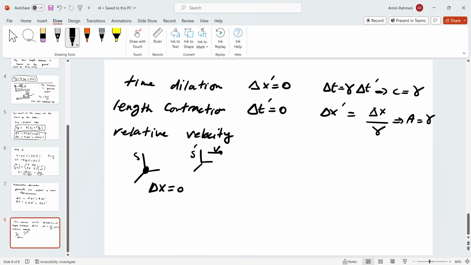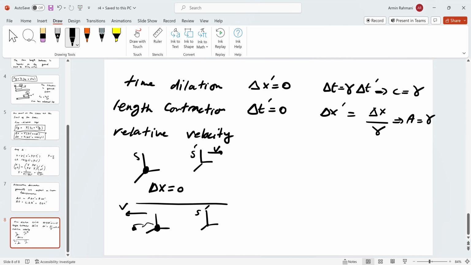Now, looking at those two events from the point of view of S prime, I will see S prime is stationary, and S is moving this way with velocity v. So maybe the first event happens here, and then if a time delta t prime passes, according to the observer in S prime, the next event will be somewhere over here.